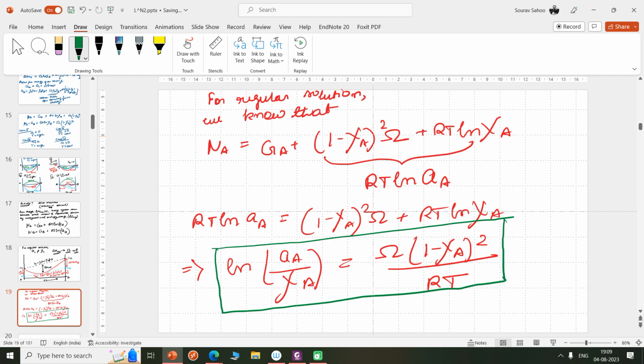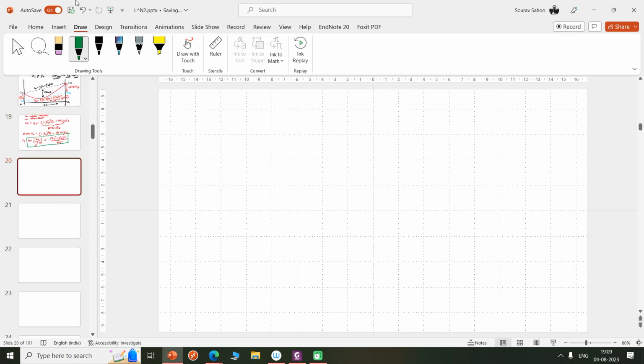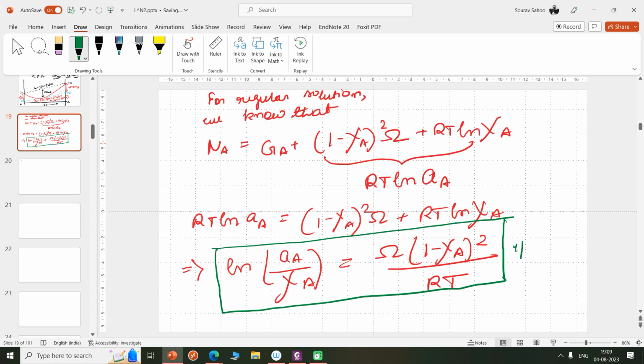So this gives us a few conclusions that if omega is equal to 0, when epsilon AB, or the bond energy between AB, is equal to the average bond energy of A and B, in that case my activity is equal to my mole fraction, and that is very important, and this is what causes ideality, right?